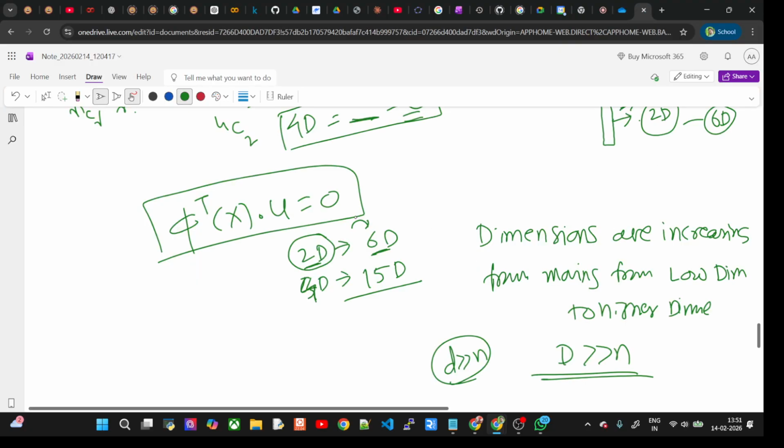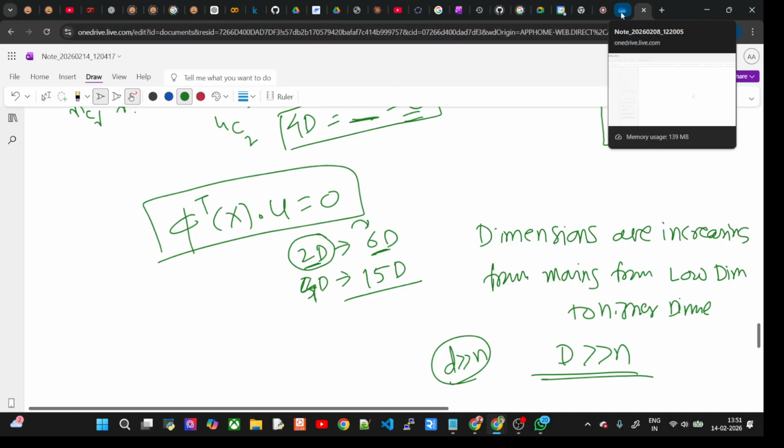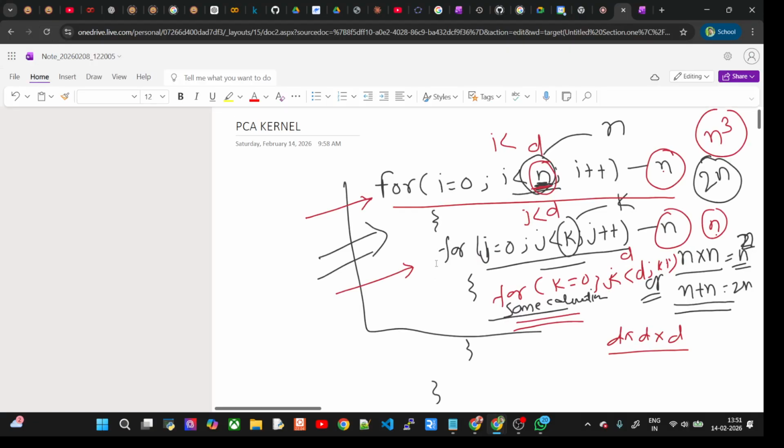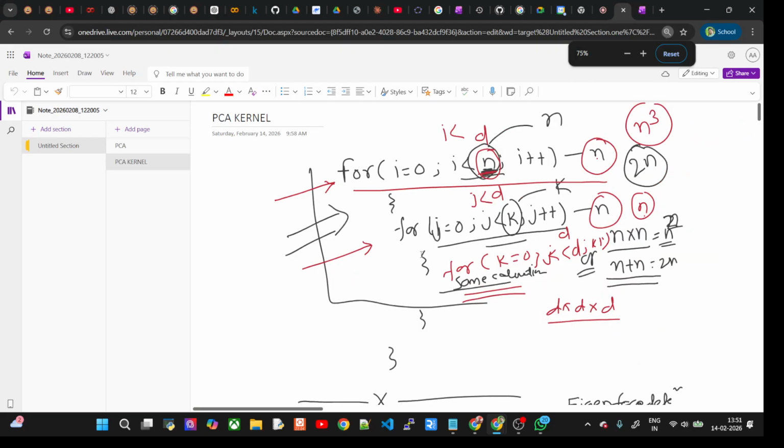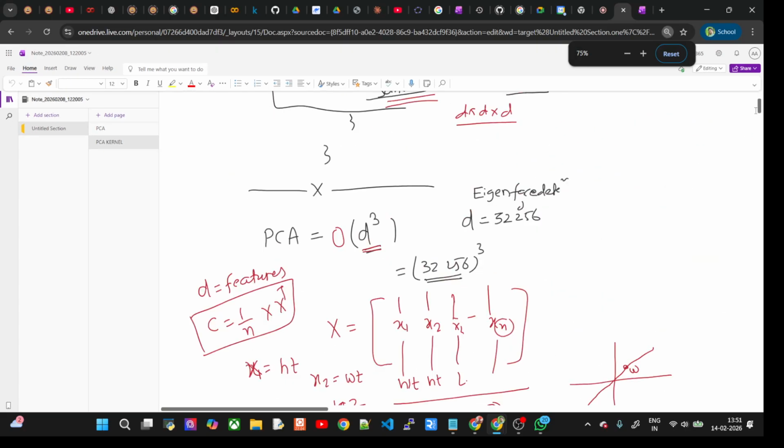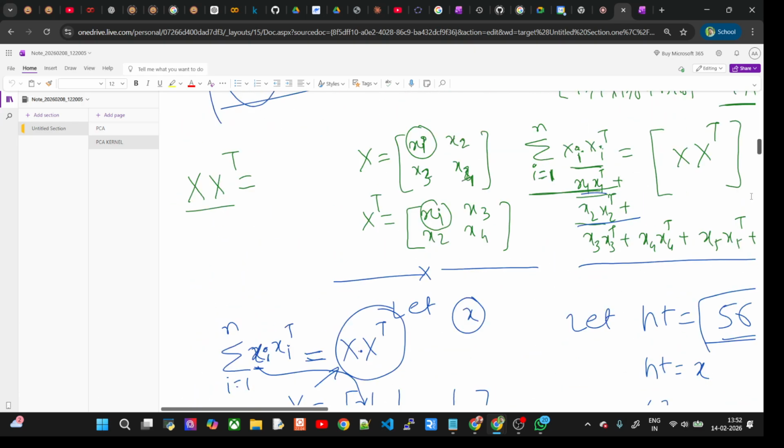You make it linear by increasing the dimensions to be greater than your number of points. In that case, you use your earlier solution. So you use this.